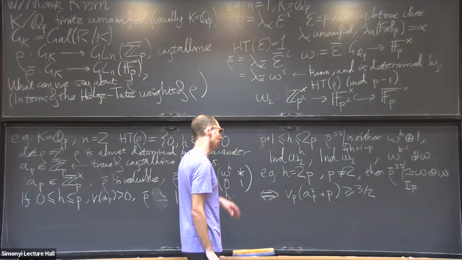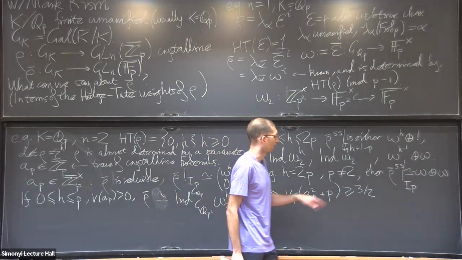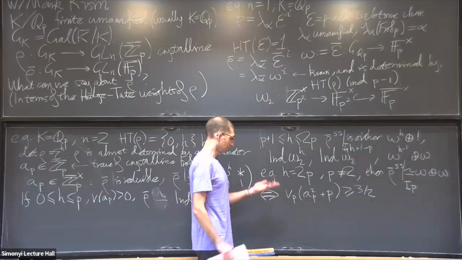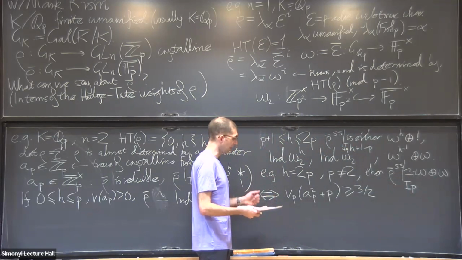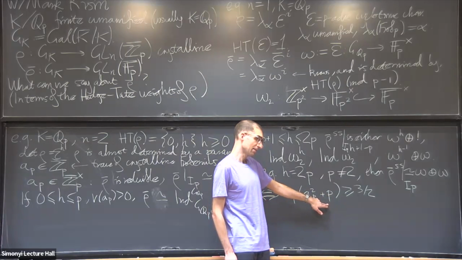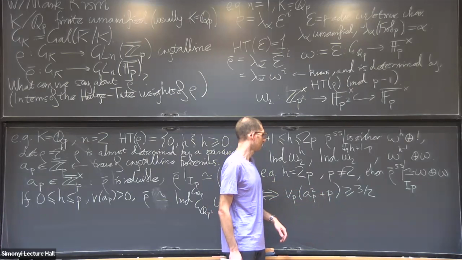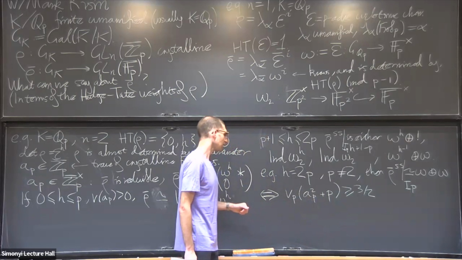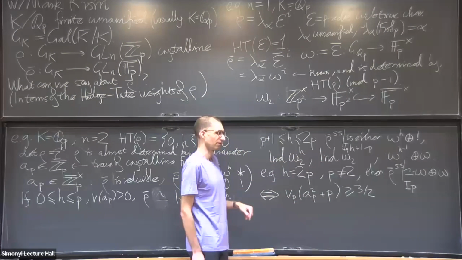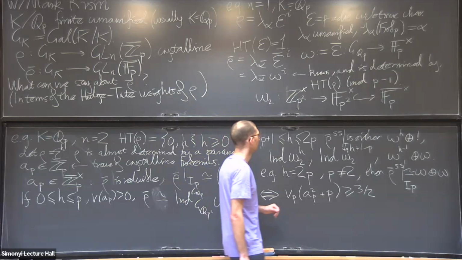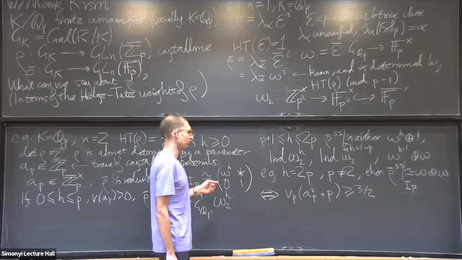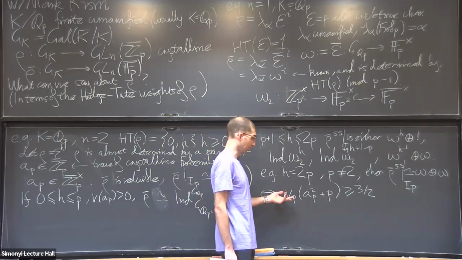And maybe I won't write it down, but then you find that the unramified twists here are a root of a polynomial where you consider this divided by p times a_p, which is a p-adic integer, and that's the trace of the unramified part here. So that's maybe a formula that would have been pretty hard to guess, and it's quite hard to prove.